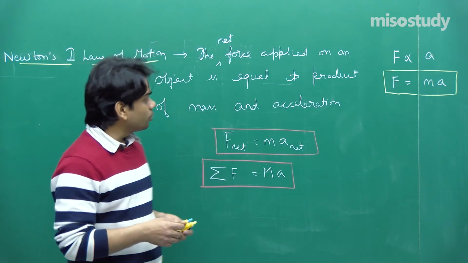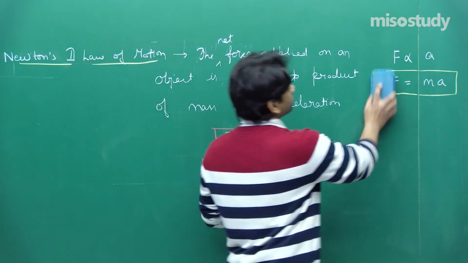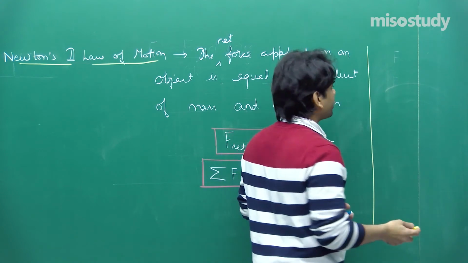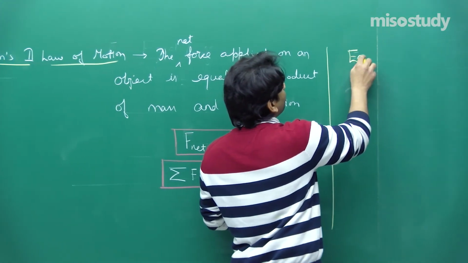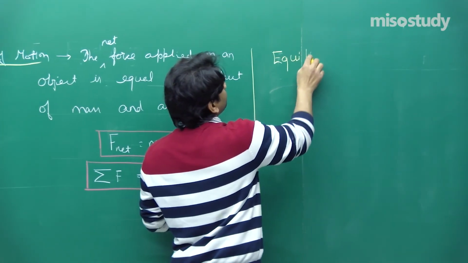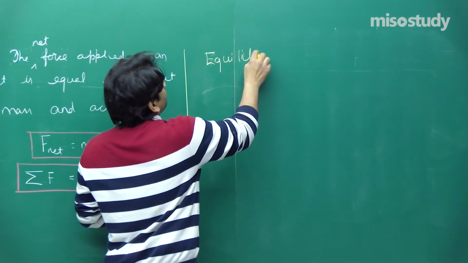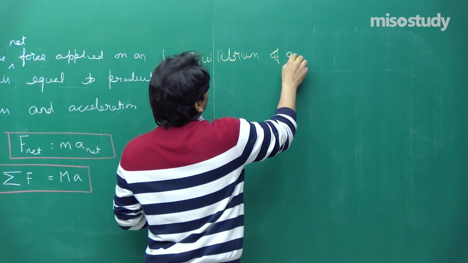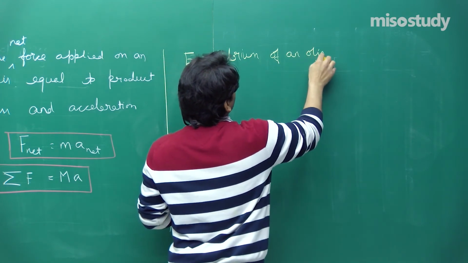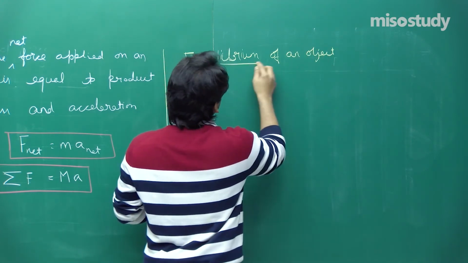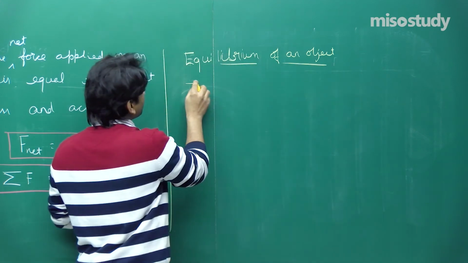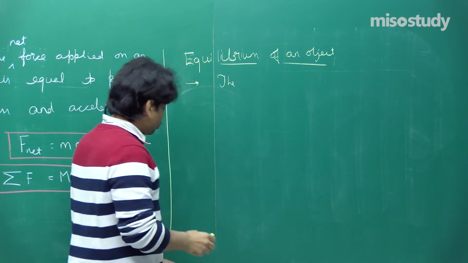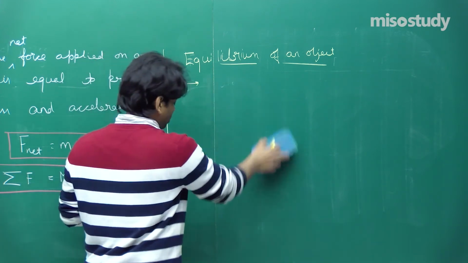So for linear equilibrium, we can write down the equilibrium of an object: for a body to be in equilibrium, the net force on it should be 0.